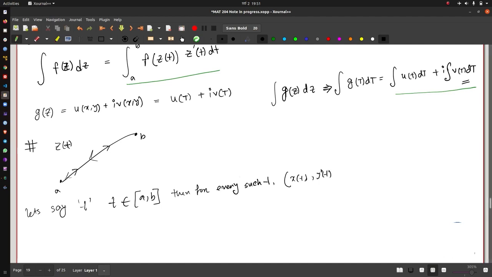That means x and y are also parameterized in terms of t. And for every t between a and b, you will have a pair of points like this, okay? And these are called image points.